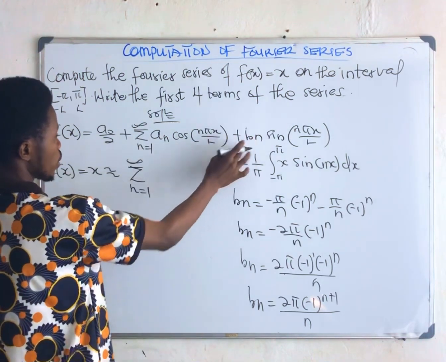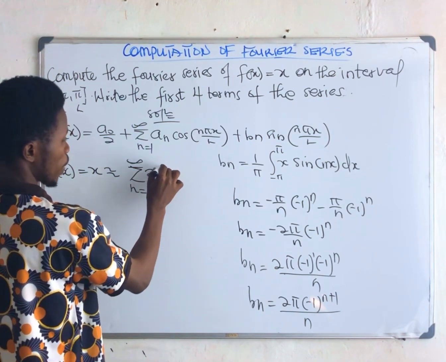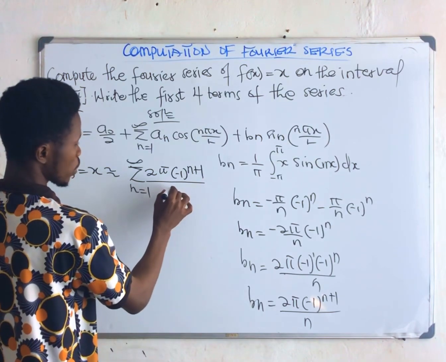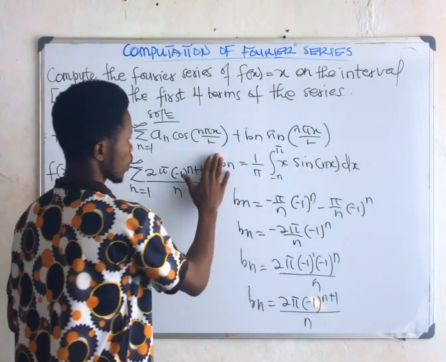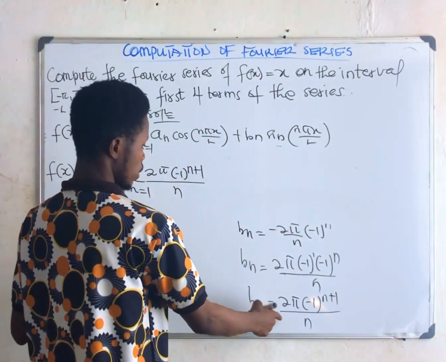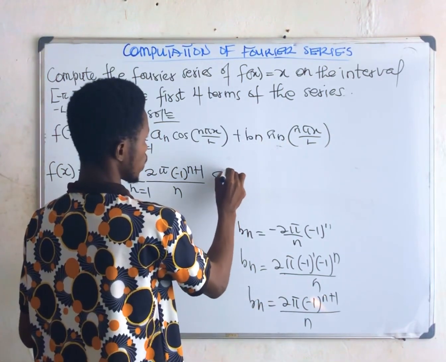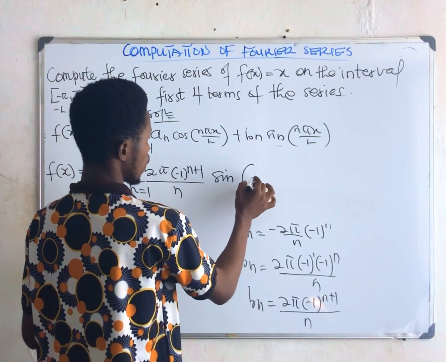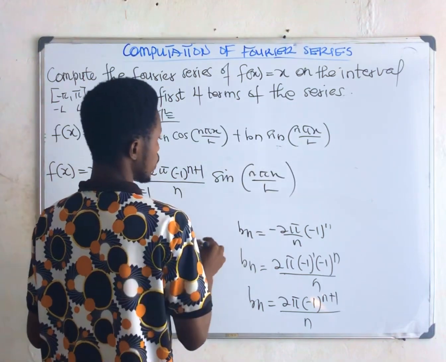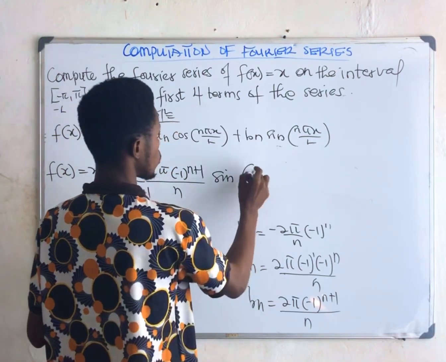This is 0, this is 0, so let me take this. The bn I had 2 pi (-1)^(n+1), all divided by n, multiplied by sine n pi x over L. But here my L is pi, so this one will cancel this. So there's no need to write everything. So nx.